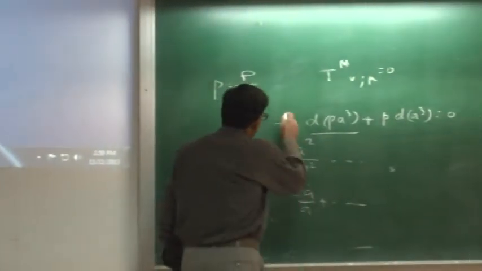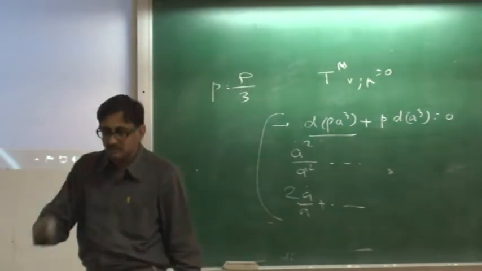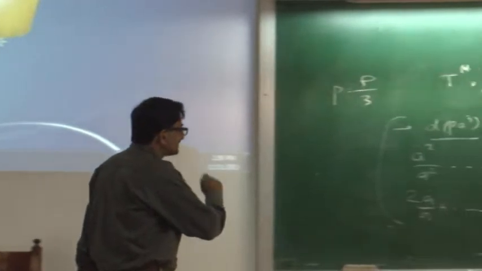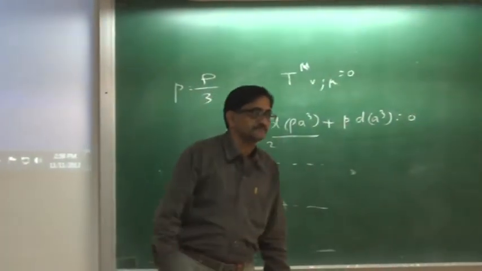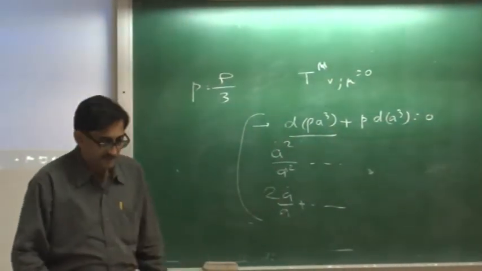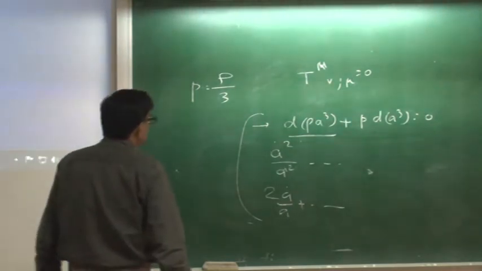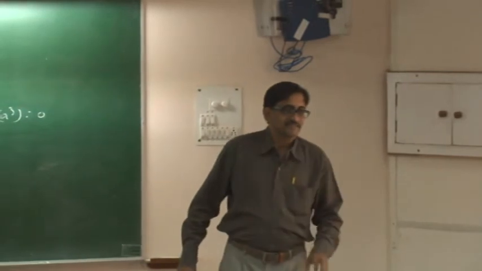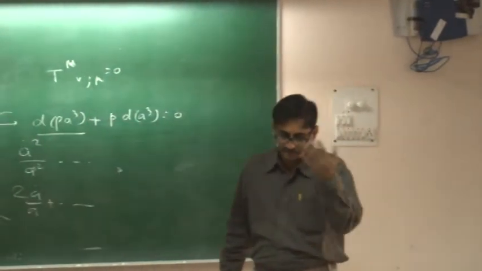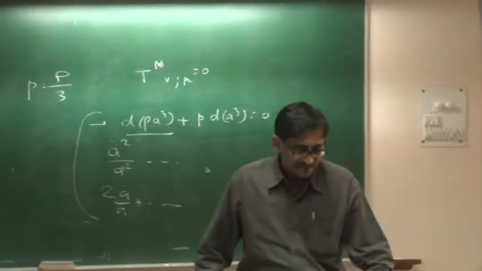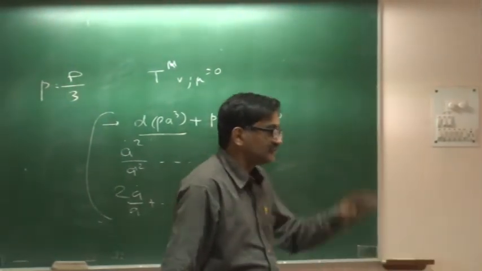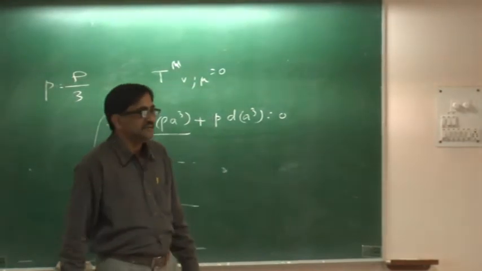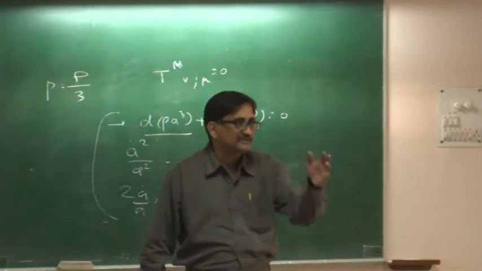Now we have these three equations. One thing one has to be careful about is that these three equations are not independent. However, it is not like three equations in two variables. Suppose you have three linear algebraic equations in two variables, then you say that you can choose any of those.